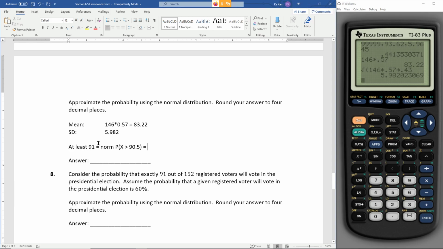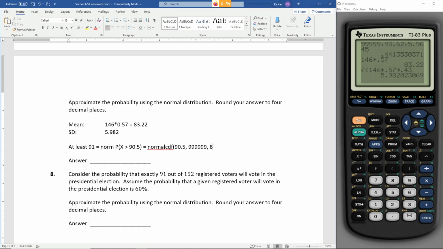So there'll be normal CDF, and 90.5 is the left, 999,999 will be the right.